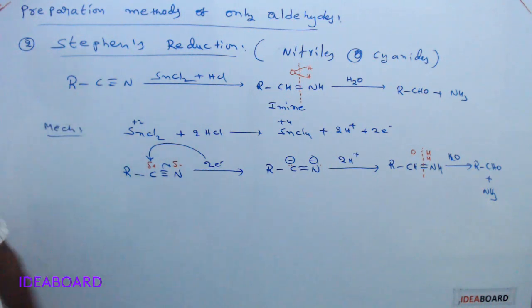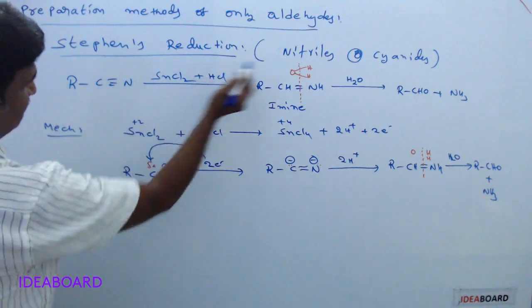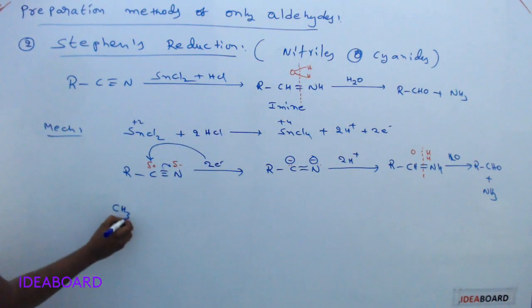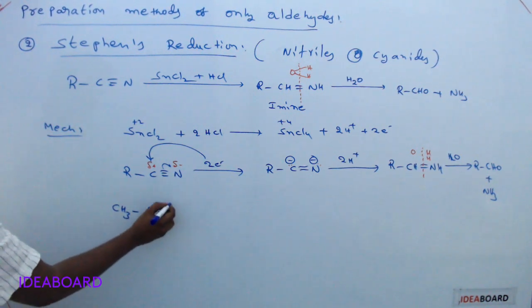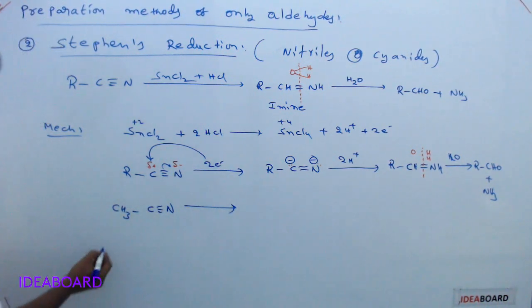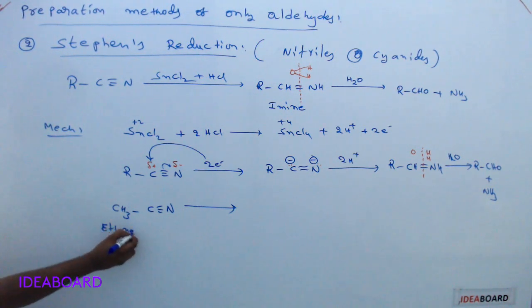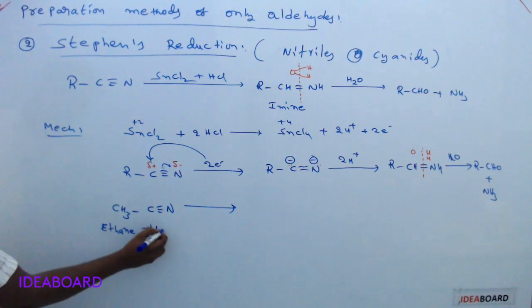Stephen's reduction reaction. Stephen's reagent is mainly for cyanides or nitriles. For example, take CH3C triple bond N, which is called ethane nitrile.